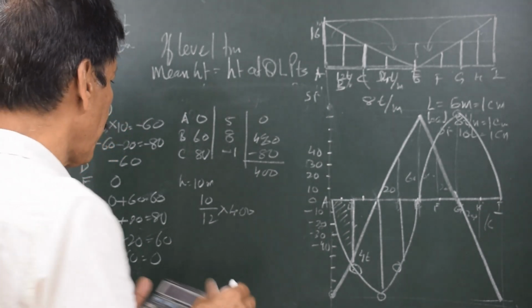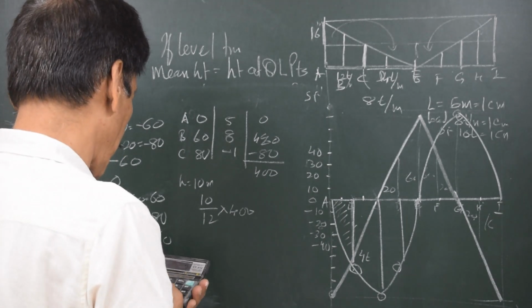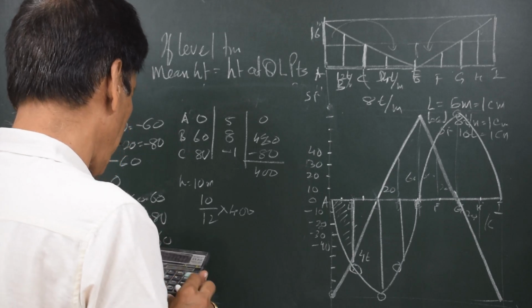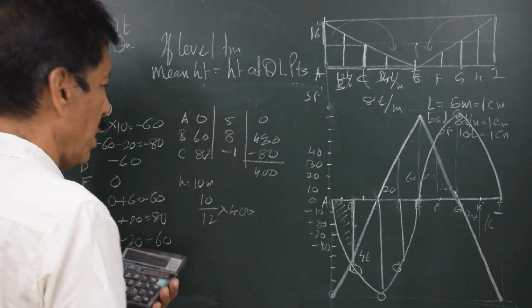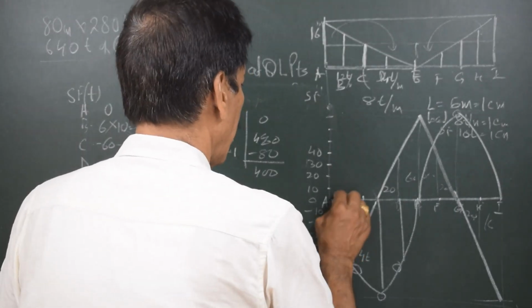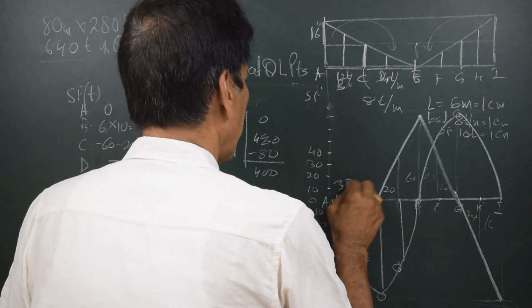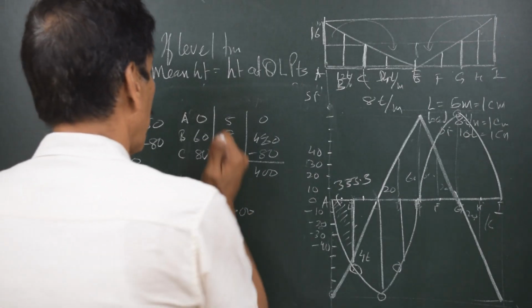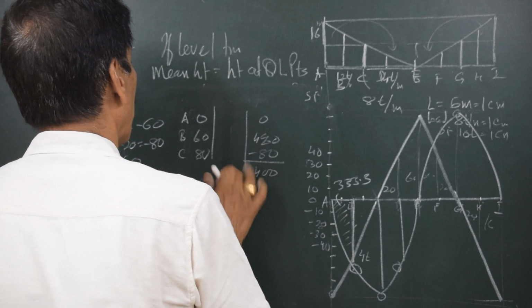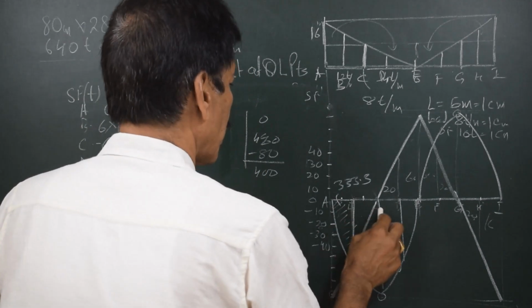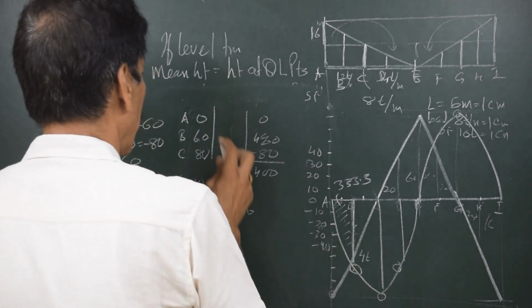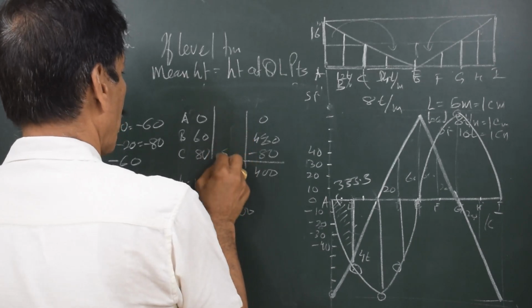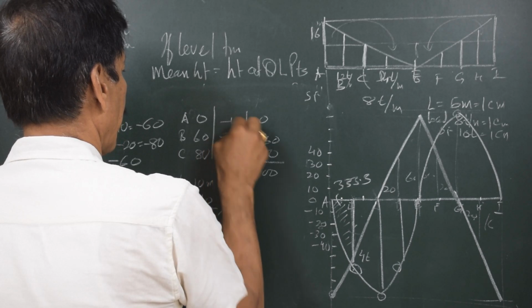B. So let us see, it is 4,000 divided by 12, giving me 333.3. So this area is 333.3. Now if I have to find out what is the area in this part of the curve, then instead of doing 5, 8, minus 1, I should write 5, 8, minus 1.